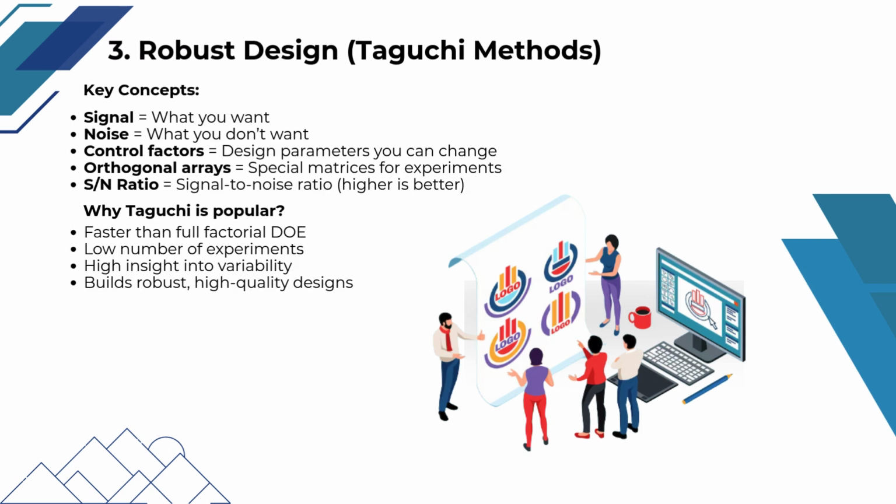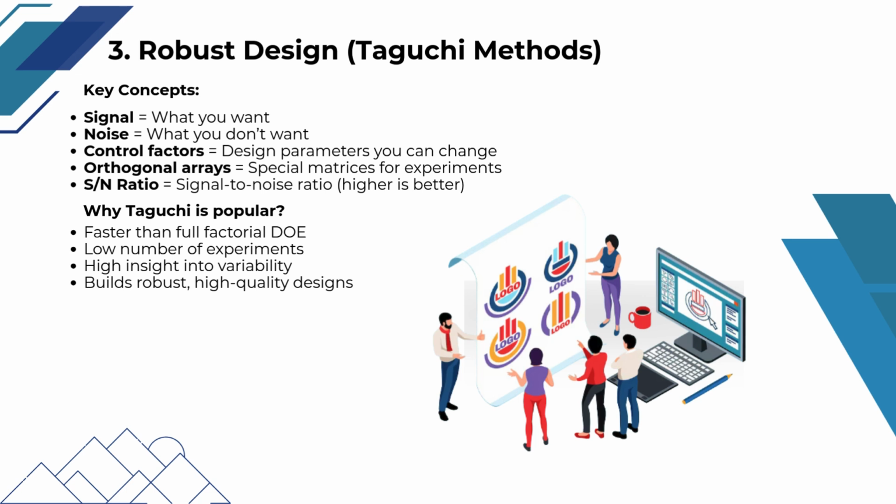Taguchi's robust design methodology is popular because it focuses on maximizing performance while minimizing the impact of variability. In this approach, the signal represents what you want the system to achieve, while noise represents uncontrollable factors that cause variation. Control factors are the design parameters you can adjust, and orthogonal arrays are special matrices used to plan experiments efficiently.